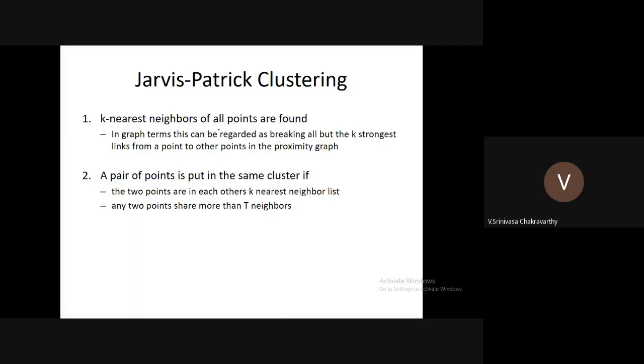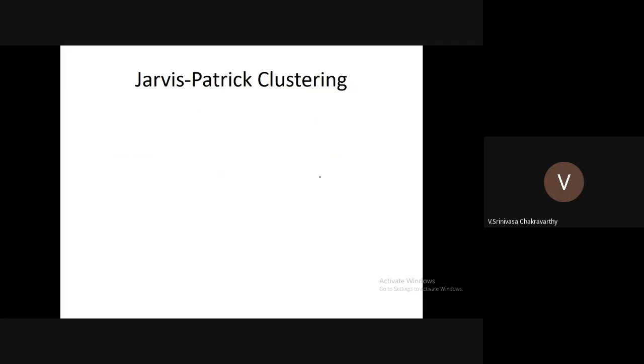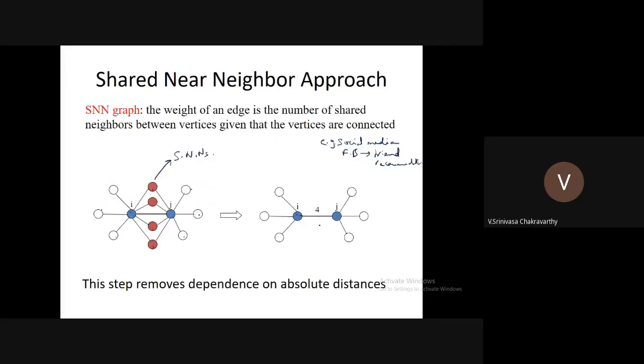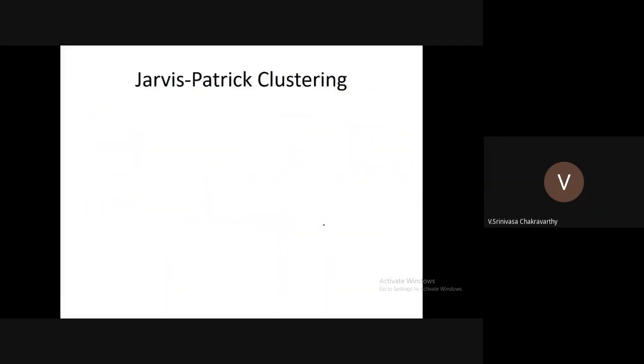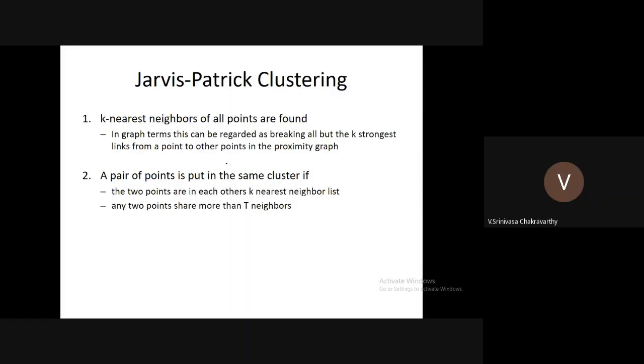Once you have nearest neighbors, you can calculate the shared nearest neighbor strength. What is that? First of all, you only look at connections. For every node, you only have connections from that node to its k nearest neighbors. That is the first level of sparsification. Then you count the number of shared nearest neighbors, right?